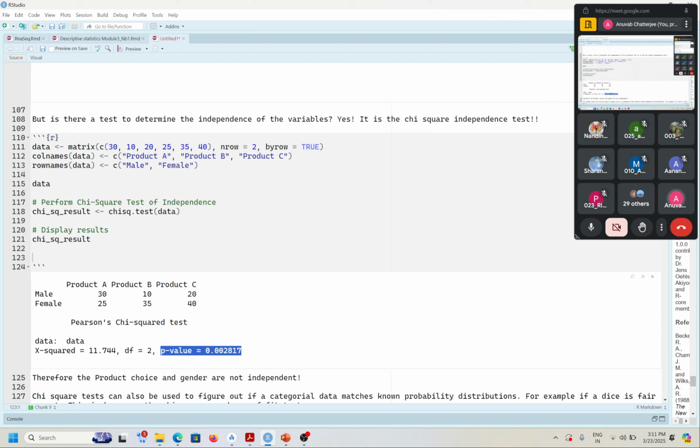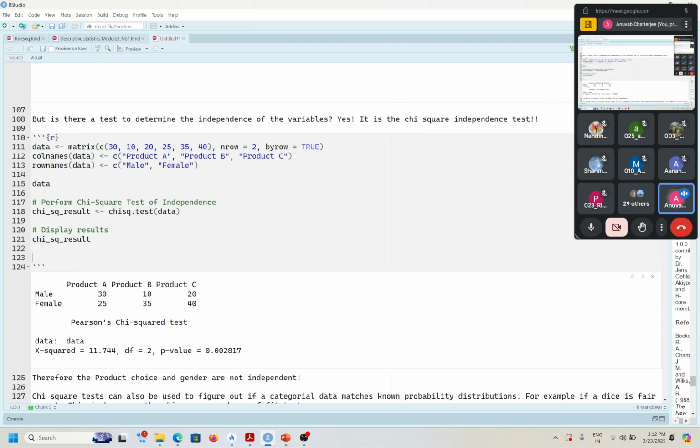So in the chi-square independence test, we have one variable which is continuous. Here the variable is the number of times a particular product was bought, and the other variable is categorical, which is the gender of the person buying the product. We wanted to figure out if these two are independent, that is, it doesn't matter which product is being bought, a man is equally likely as a woman to buy all of these products.